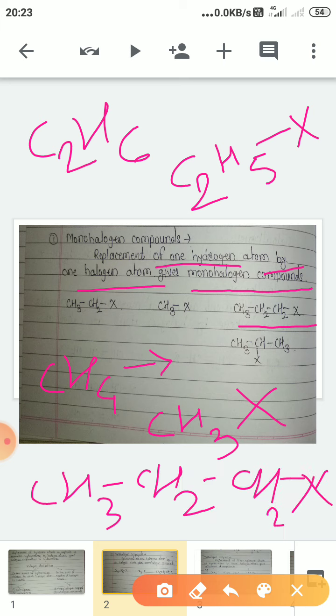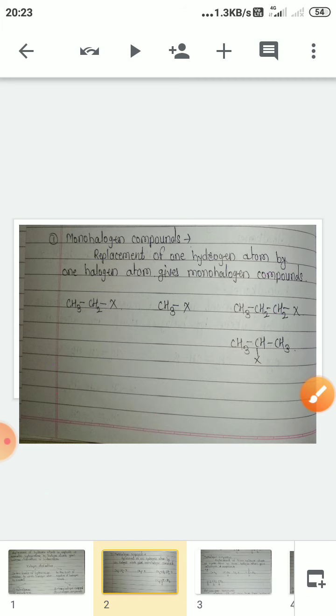Okay, we can replace any hydrogen atom of an alkane. That means in propane we can replace a hydrogen atom of a terminal carbon as well as a hydrogen atom of the middle carbon atom.